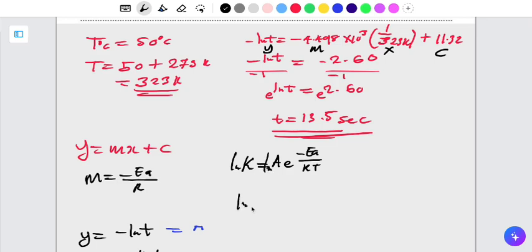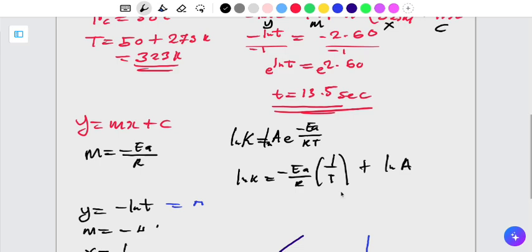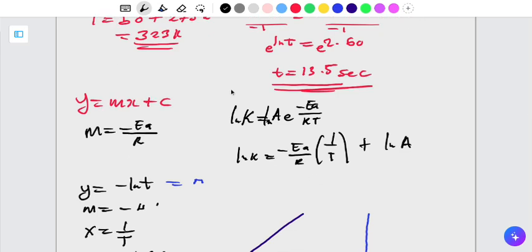I'm going to have ln k, which is going to be equal to, you know that ln e is 1, so we are going to have negative activation energy divided by R, then open bracket 1 over T, then here we can say plus ln A. So this is what we are going to have when we work out what we have here.